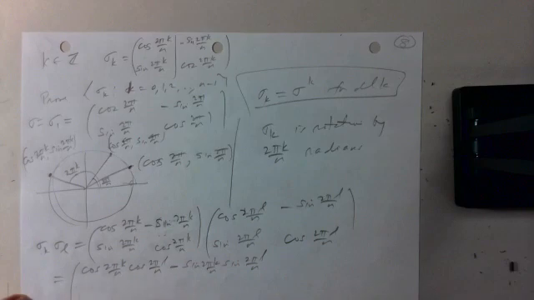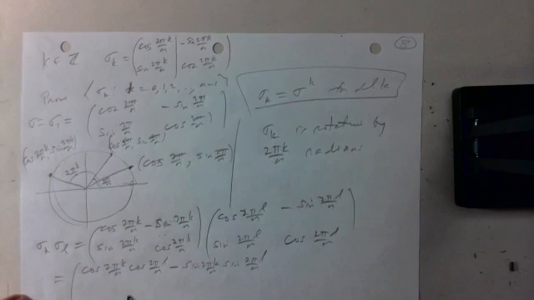This coordinate is sine 2 pi k over n cosine 2 pi L over n, plus cosine 2 pi k over n sine of 2 pi L over n.